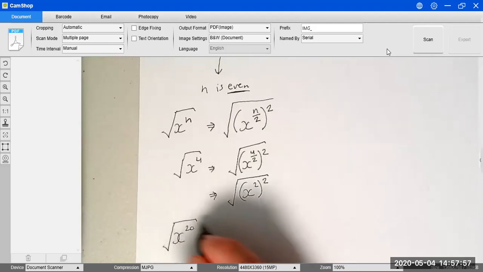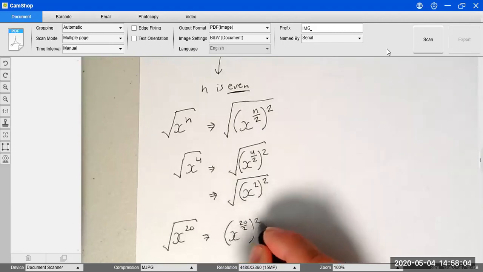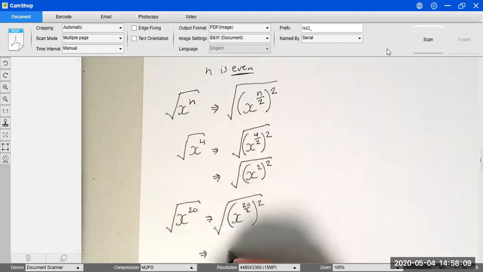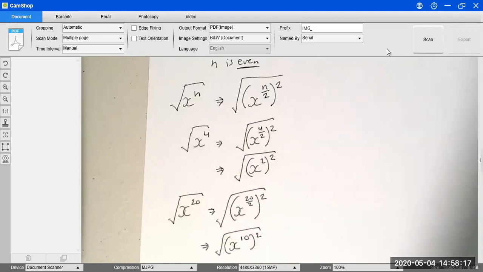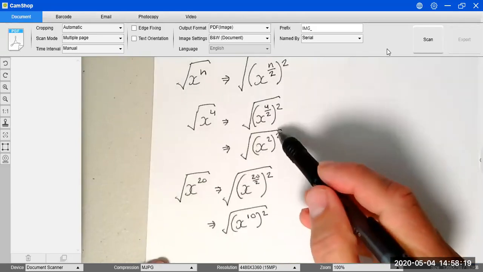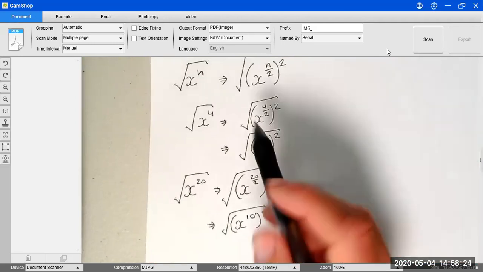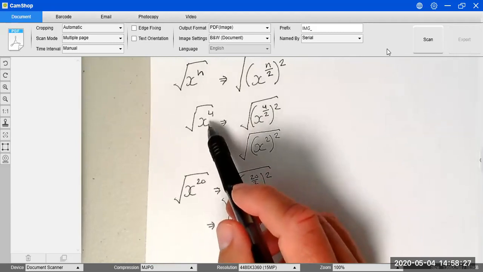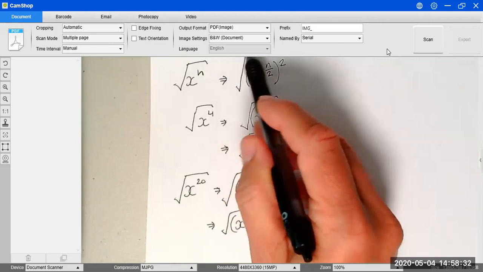So x to the 20 can be written as x to the 20 divided by 2, and then you square the thing. So if you do that, you're going to get x to the 10 squared, under the square root. The next steps, you know what to do in this case. You can cancel radical with exponent. So that's the purpose of rewriting a variable as a perfect square. But this is when your variable has an even exponent.